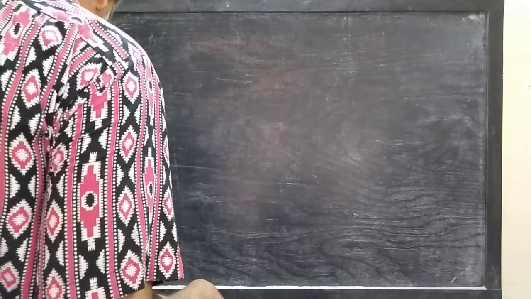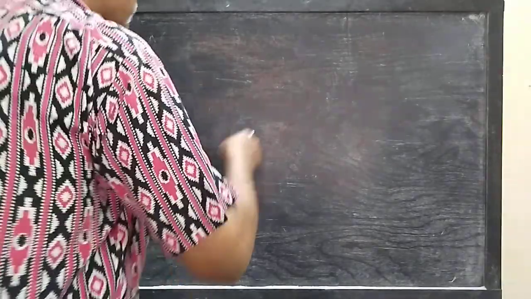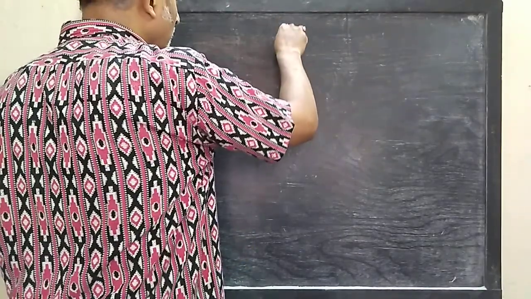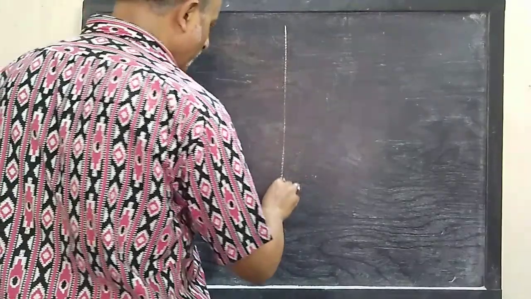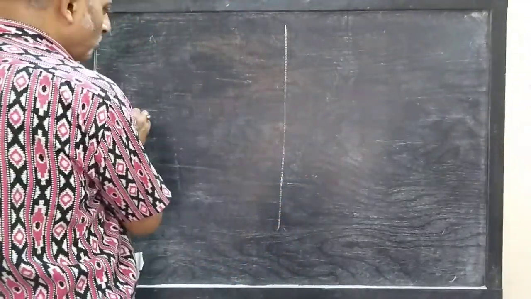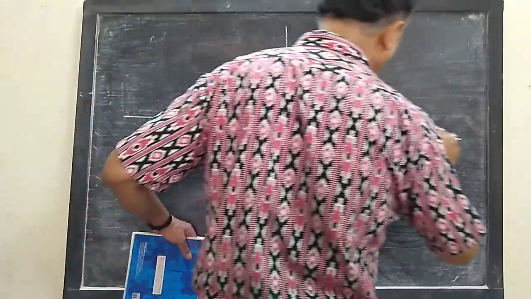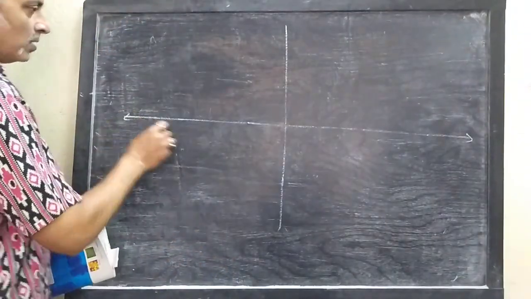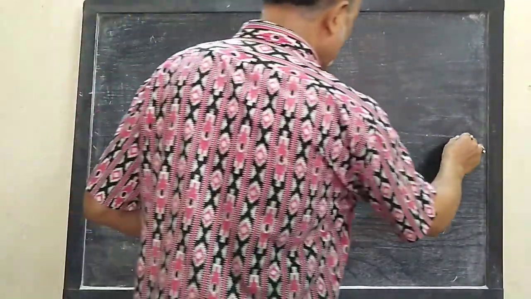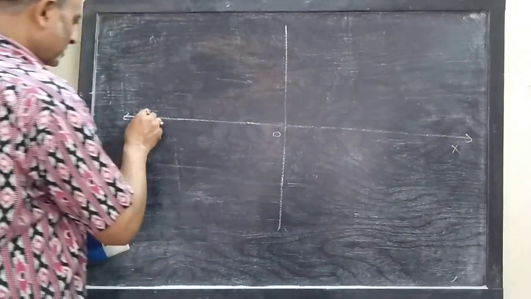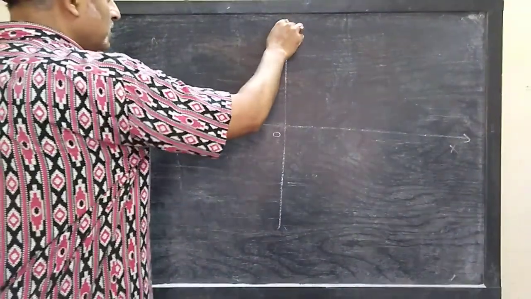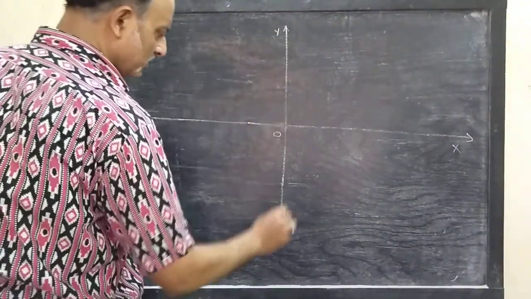Next question. Plot A (3, 2) and B (5, 4) on graph paper. Now you have to do some activity. So you have to use graph paper, and you have to draw axes along the bold lines. This is your x-axis, this is your y-axis, and this is your origin.